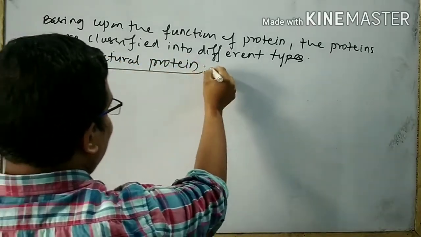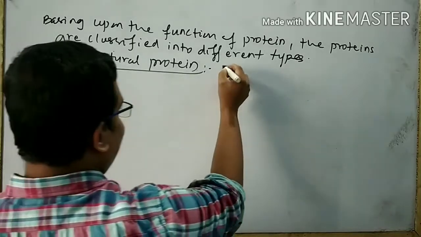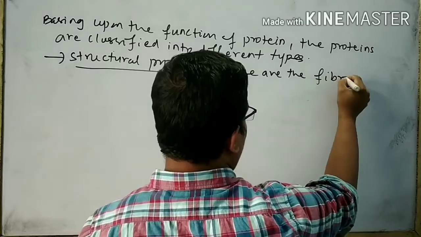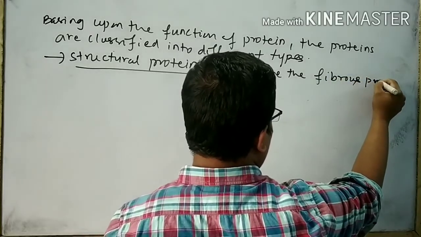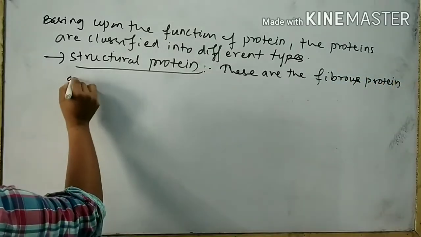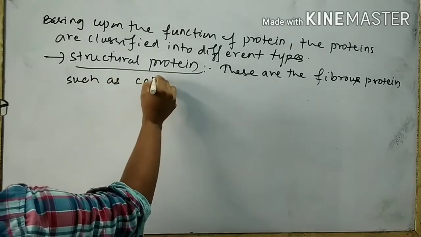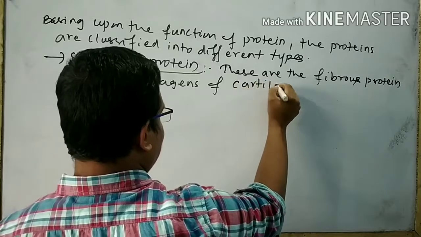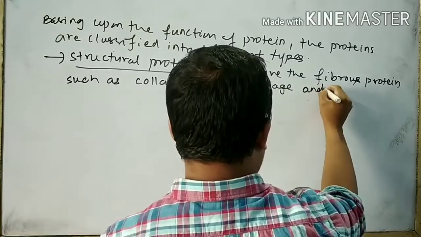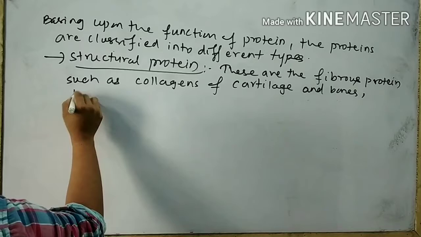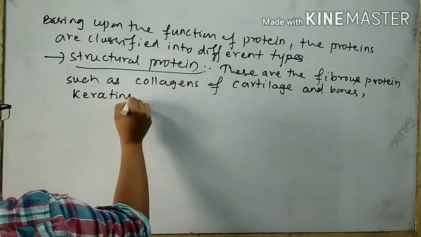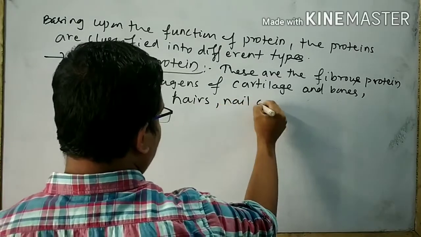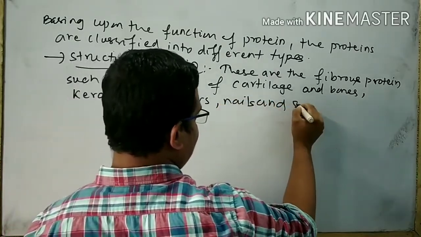These are the fibrous protein, such as collagens of cartilage and bones, keratins of hairs, nails and skins.